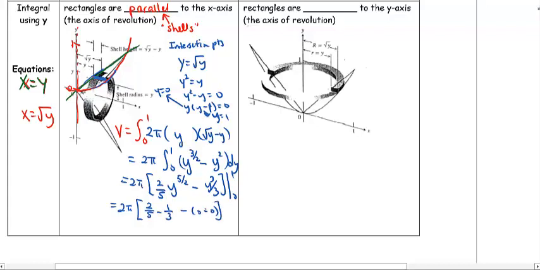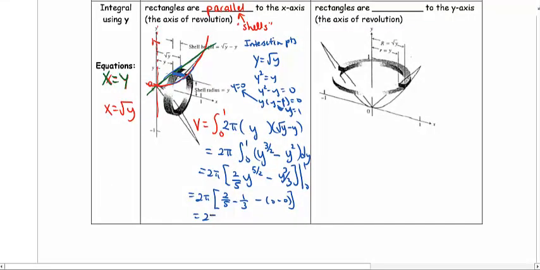I like that. 6 minus 5 is 1, so this is the same thing as 2 pi times 1 over 15, and lo and behold, look, it's the exact same answer as above, which makes total sense because you're actually creating the same volume or 3D object.